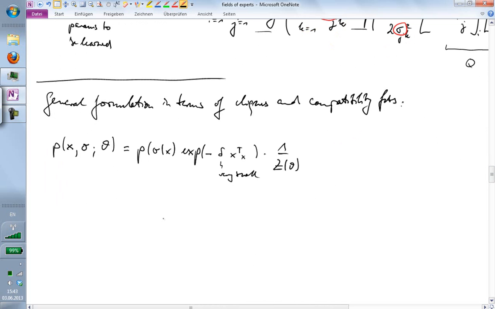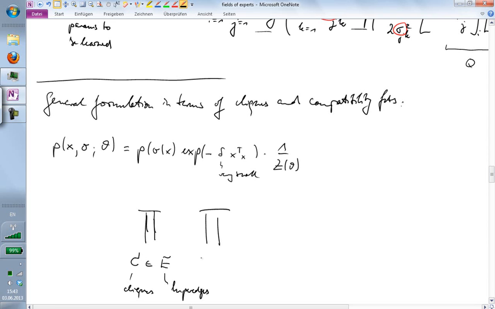And then I continue in the next line. A product over all cliques in the set of edges of my graph. So those would be the cliques. And those would be the hyperedges in my probabilistic graphical model.